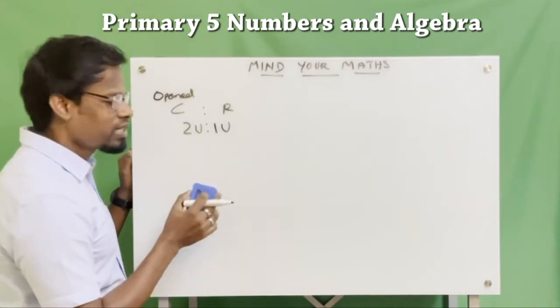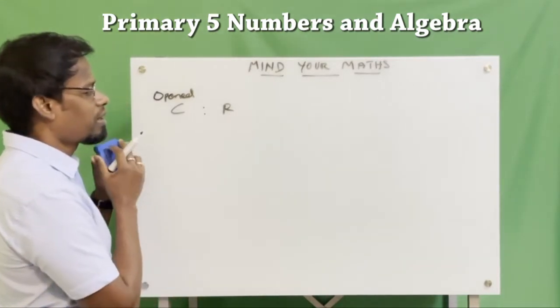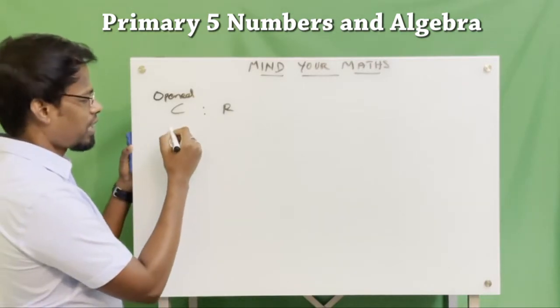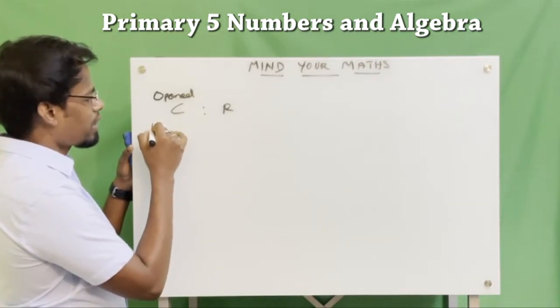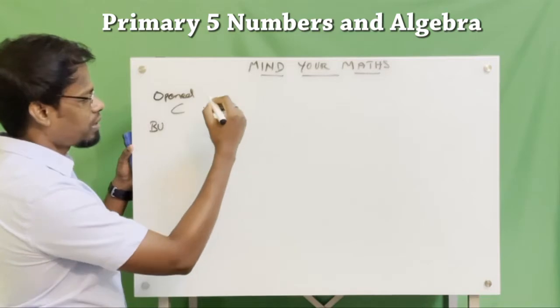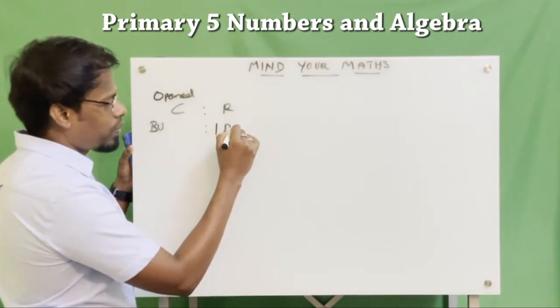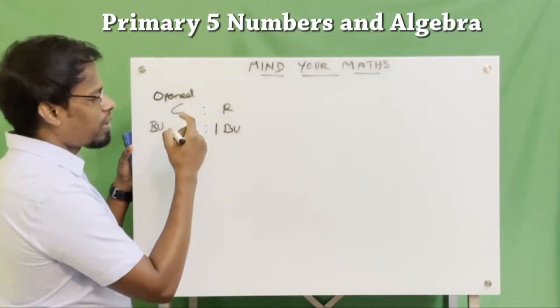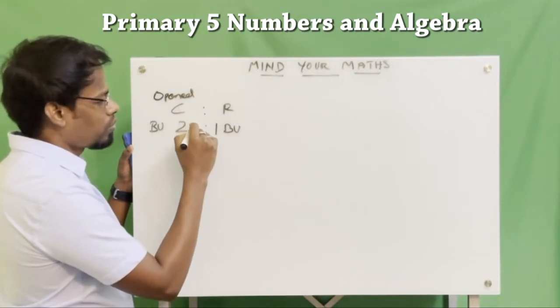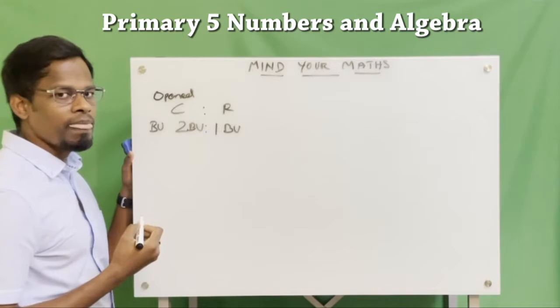Let's take this as BU, before unit. So roses were 1 BU, and carnations were 2 BU.